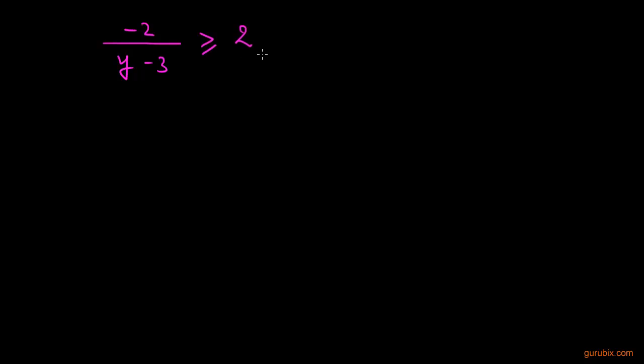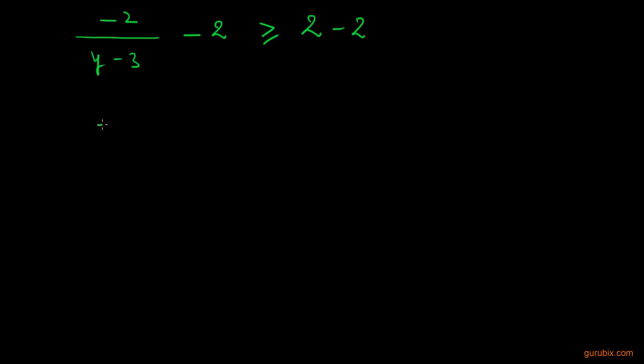We shall subtract 2 from both sides, then it will be negative 2 over y minus 3 minus 2 greater than or equal to 2 minus 2. Then it will be minus 2 into y minus 3 over y minus 3, which is greater than or equal to 0.